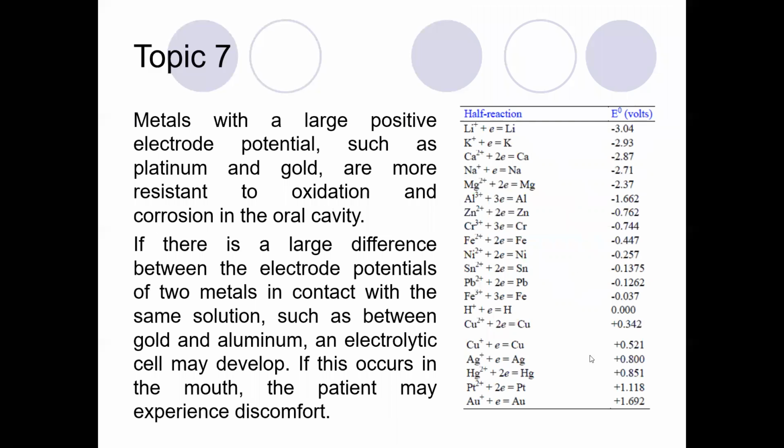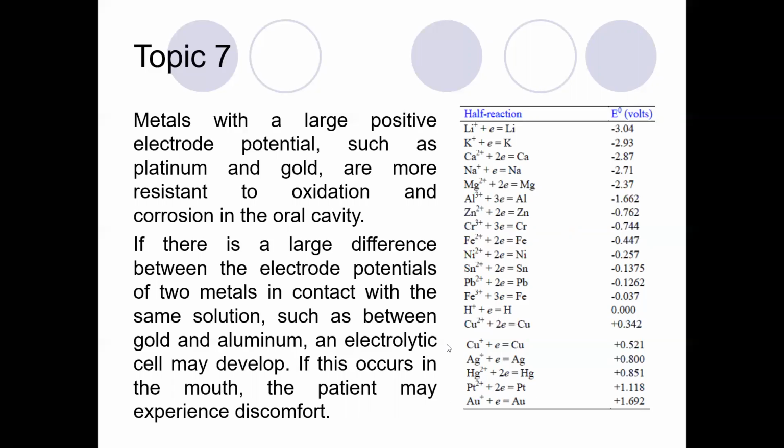We have that list, and we can see that metals with a large positive electrode potential, here platinum and gold, are resistant to oxidation and corrosion in the oral cavity. They are very good for bridges, etc.